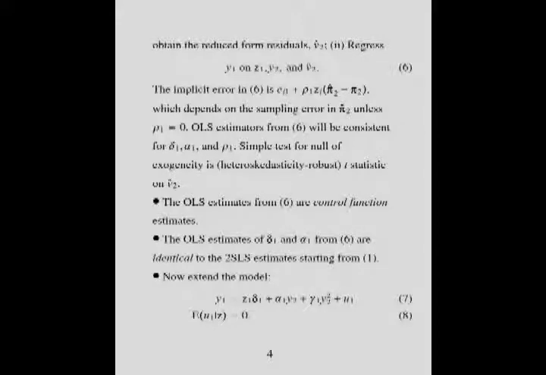Standard results also tell you that the standard errors from this regression are not going to be valid in general because of this generated regressors problem. With V2 hat, we've replaced pi 2 with pi 2 hat, which depends on the same sample, and so there's sampling error in this regression due to the first stage estimation of pi 2 hat.